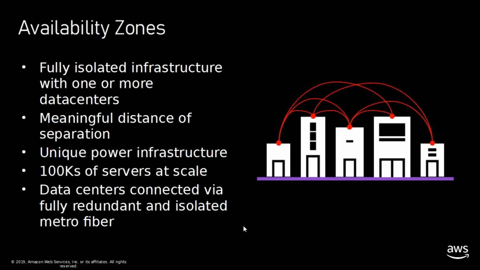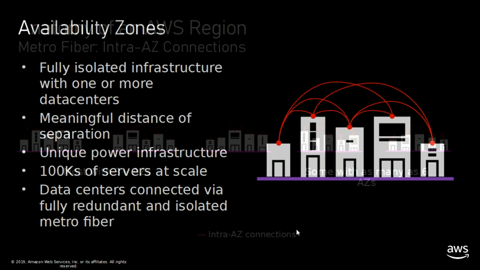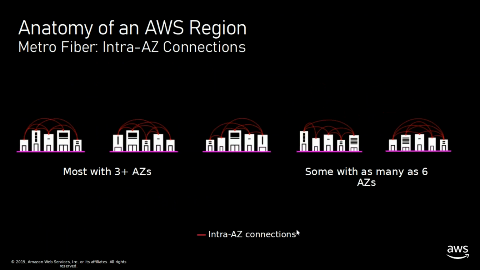An AWS region has availability zones. It is a fully isolated infrastructure with 1 or more data centers per availability zone. And they are interconnected with metro fiber.